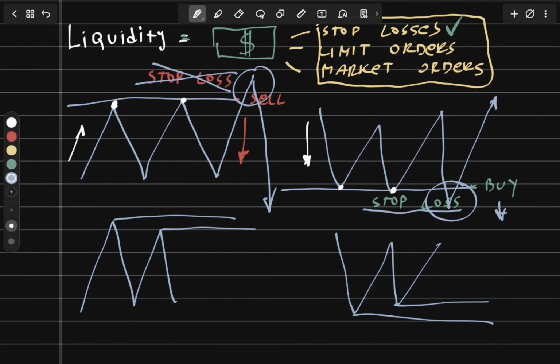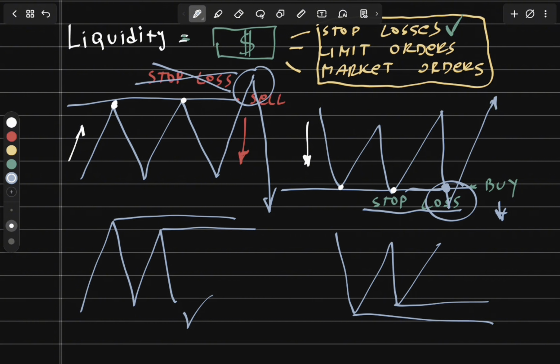Because if you're a breakout trader and you see that the price is breaking this line, you're going to think the price is going to go lower and you're going to press sell. And now when you press sell, you're giving buyers the opportunity to buy at a lower price, and then they're going to push it up the same way here.